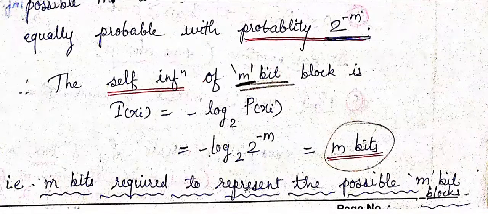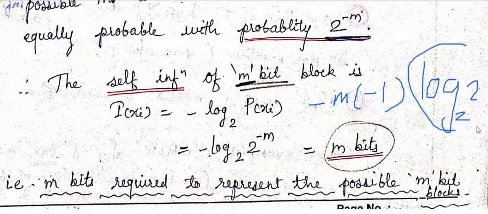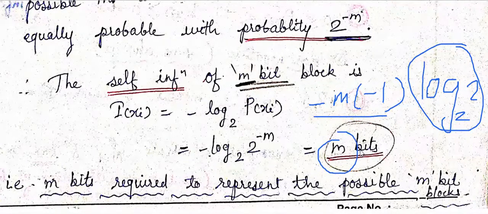This simplifies to minus m into minus 1 into log 2 to the base 2. Log 2 to the base 2 gives 1, and minus m into minus 1 is plus m. So m bits are required to represent the possible m-bit blocks.